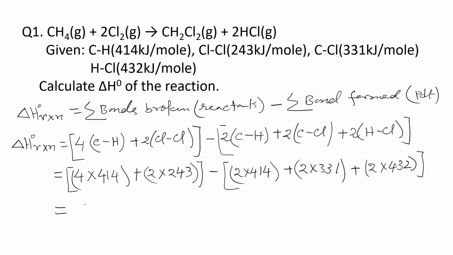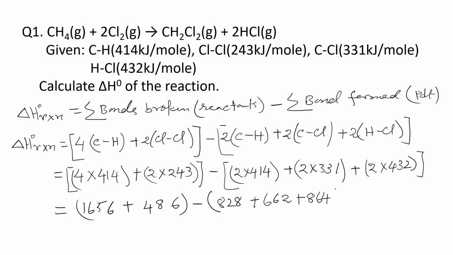Now we'll do this calculation. 4 fours are 16, 4 fours are 16 plus 6, 8, then 2 twos are 4, minus, 2 fours are 8, then again 8, then plus 2, 3 twos are 6, 3 twos are 6, plus 4, 3 twos are 6, then 8, 4 twos are 8.